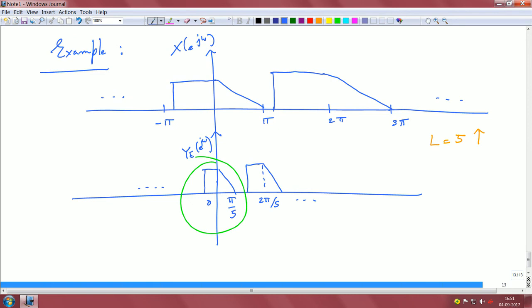Now, the problem, if the spectrum is periodic, is the compressed spectrum. If the original spectrum is 2 pi periodic, the compressed spectrum has many images, and these images are basically ghosts, right, and this causes the imaging effect, and you really have to filter out these images through a filter.